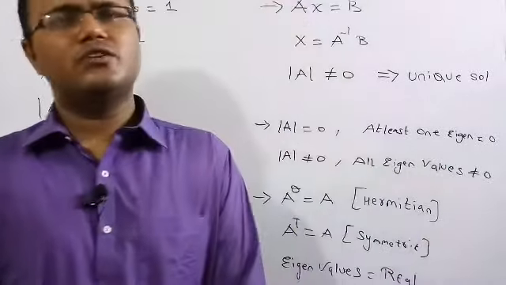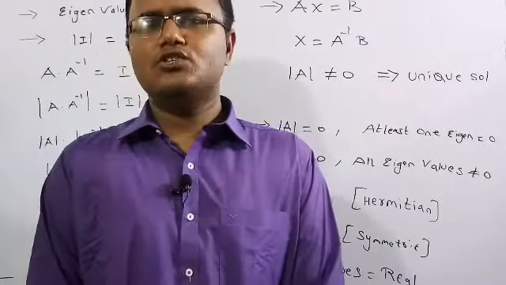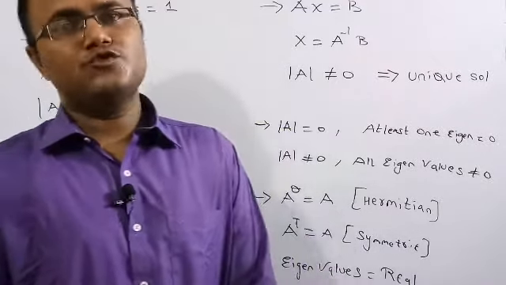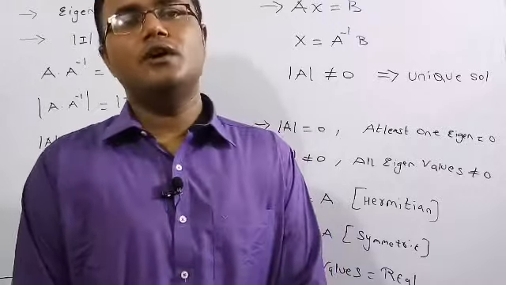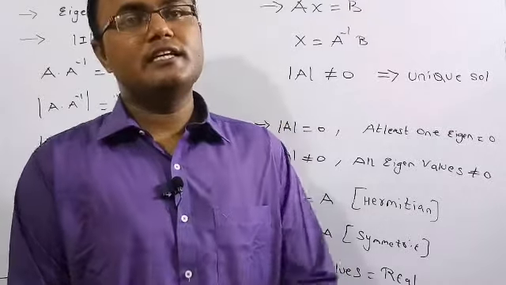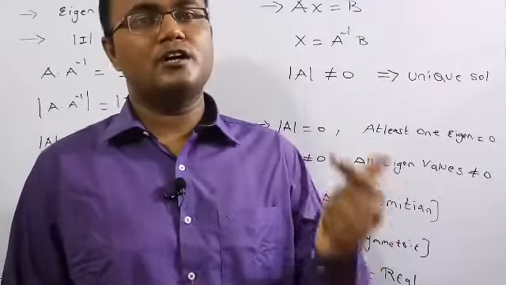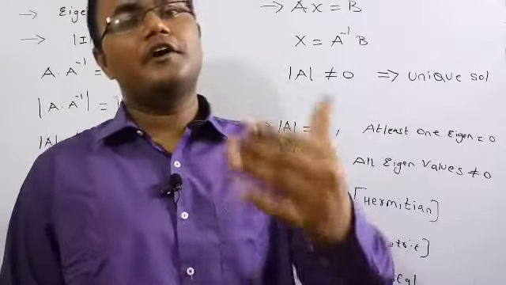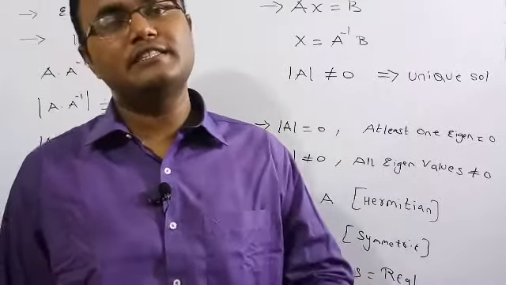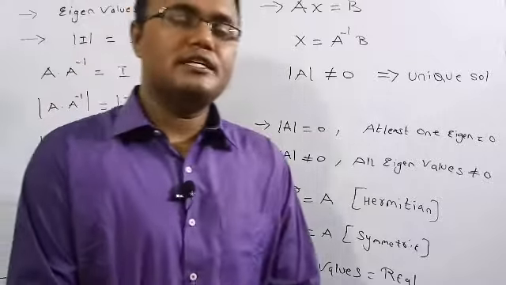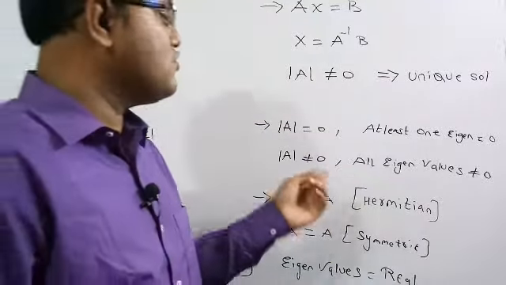In another fashion, the determinant of the matrix being equal to 0 means at least one eigenvalue is 0, and also that there is a dependent row vector or dependent column vector present in that matrix. That is the reason the determinant of the matrix is equal to 0.